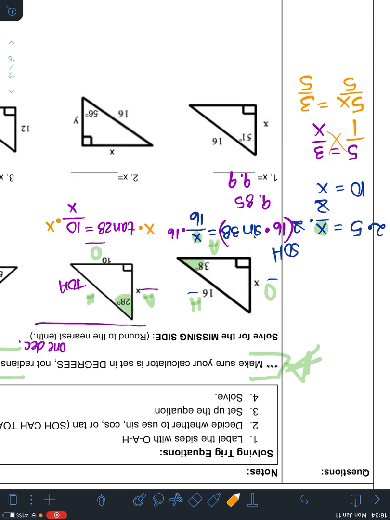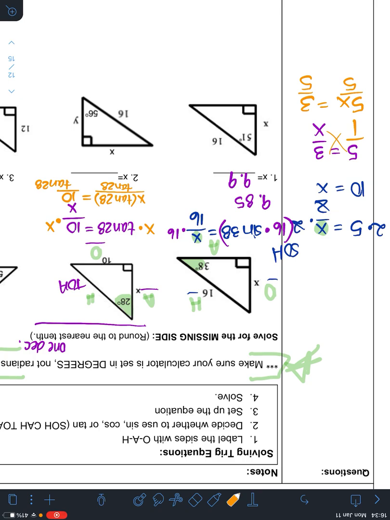So we're going to multiply both sides by x, because the problem is we can't solve for x when it's in the denominator. So now I have x times the tangent of 28 is equal to 10. Well, don't forget, the tangent of 28 is just a number. So now I'm going to divide by the tangent of 28 and divide by the tangent of 28.